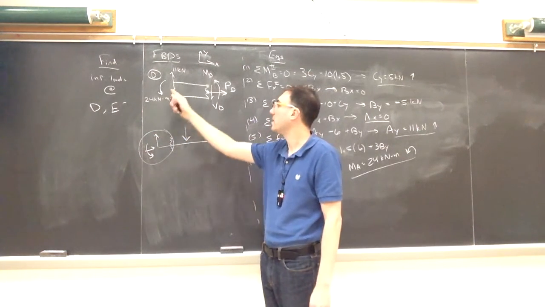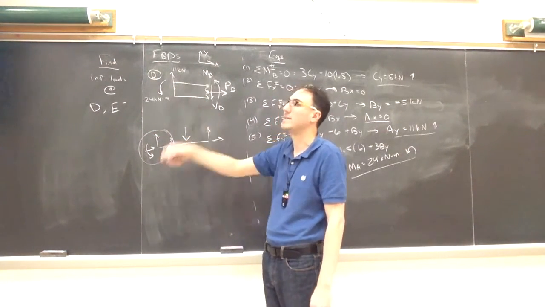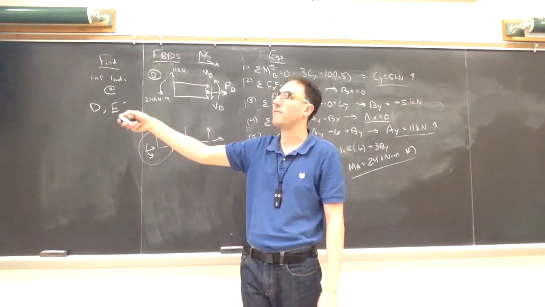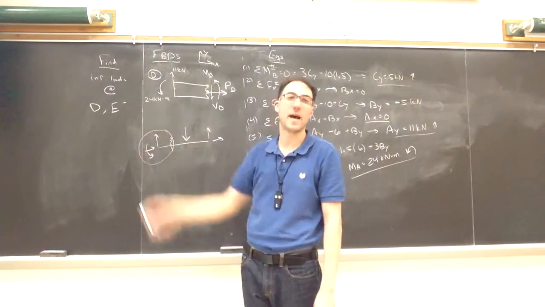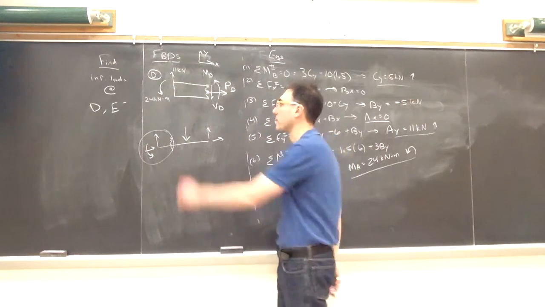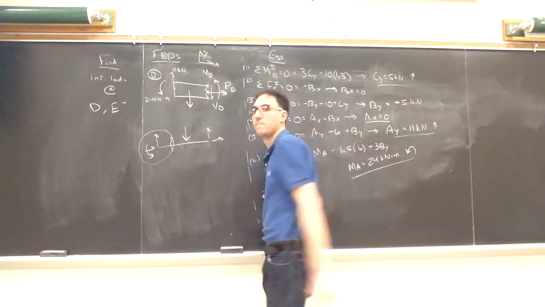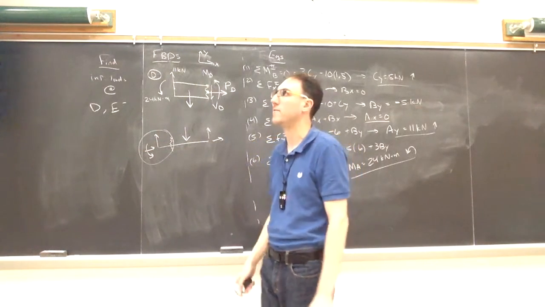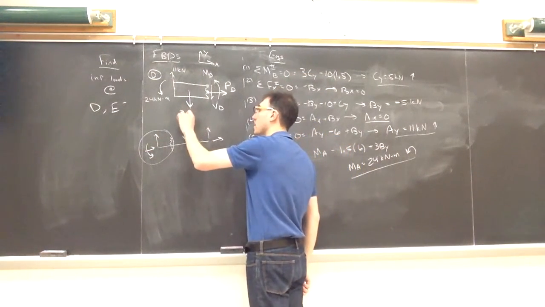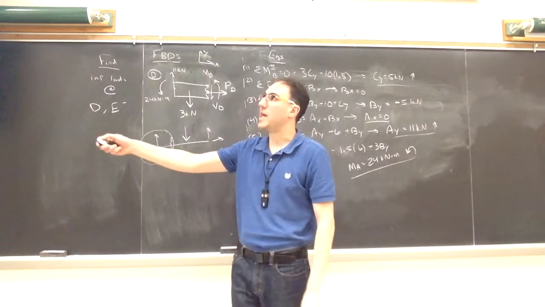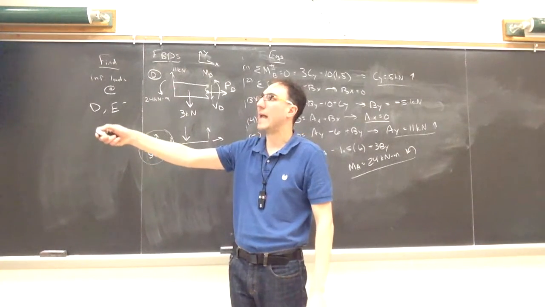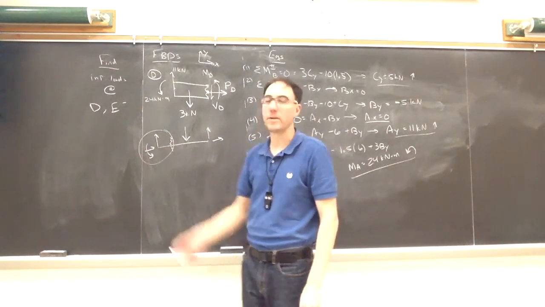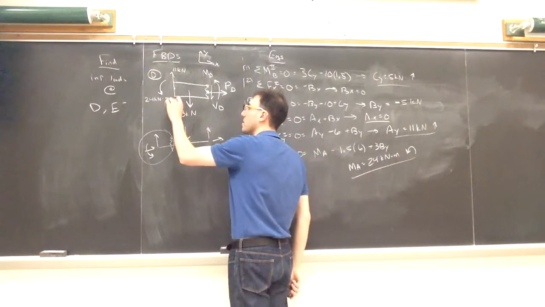So on the span from A to D, I have 1.5 meters worth of that distributed load that I have to include acting here. So again, I have to include 2 times 1.5, which is going to be 3 kilonewtons. And then that part of the distributed load acts at the center at 0.75 meters.